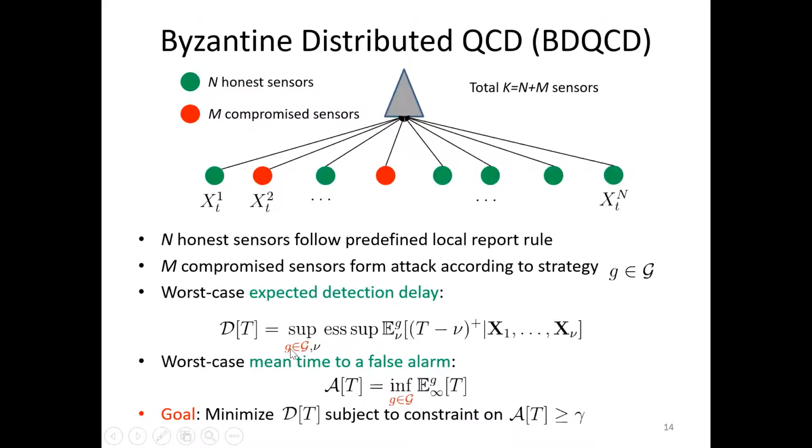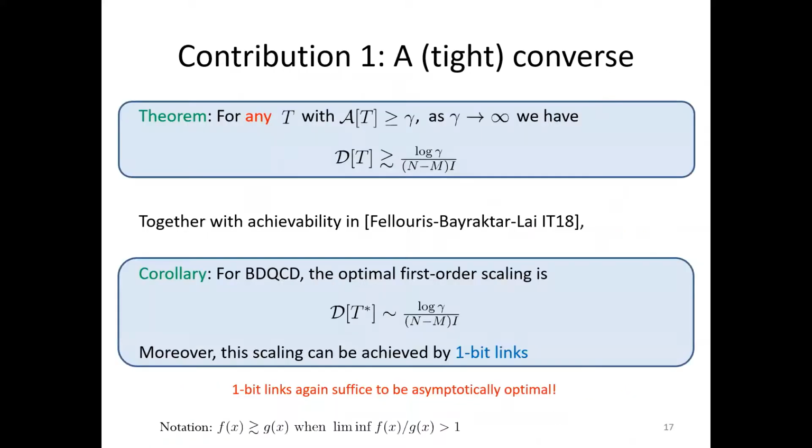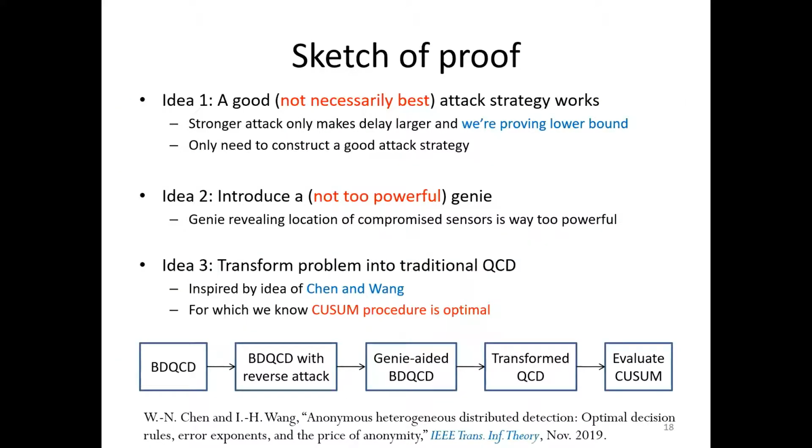Here we don't actually need to know the best G, okay? Because here we're proving a converse, okay? So any stronger attack will only make the delay larger, okay? So our first idea is that we don't actually need to know the best G, we just need to find a good one.